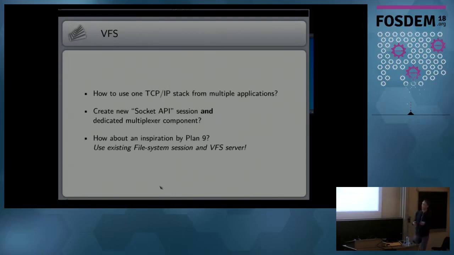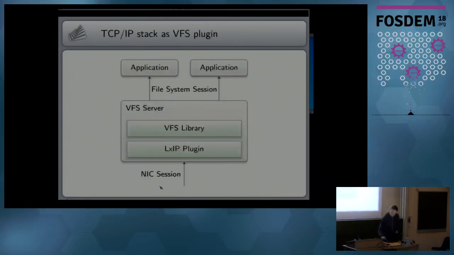Why don't we integrate this whole stack into the VFS server? The functionality of these stacks would be provided over files to multiple clients. So the clients would have to speak only with the file session interface, and at the back end it would be translated to network packets. Okay, this is the concept.